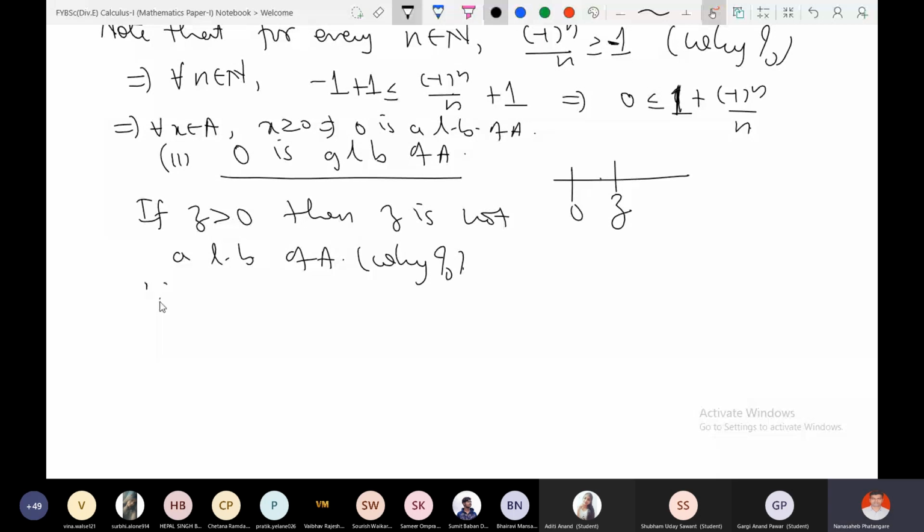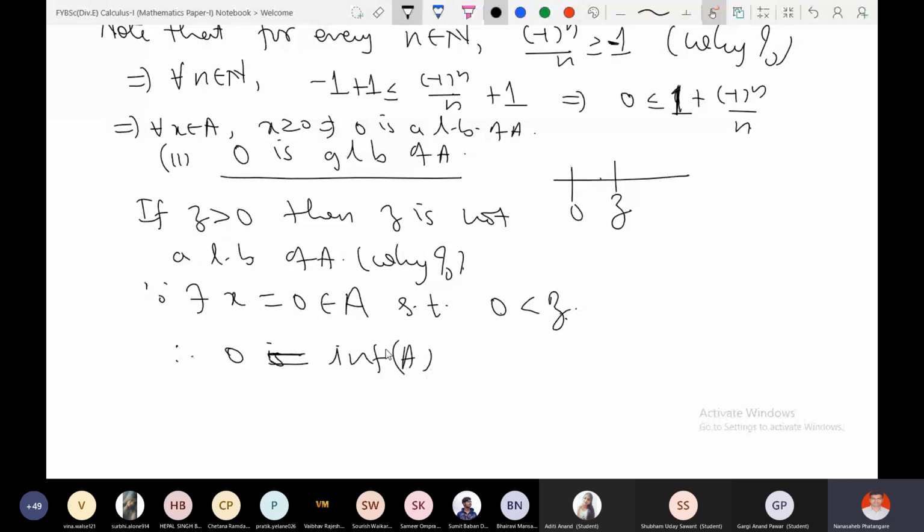Because there exists an x, which is 0 itself, a member of the set. Is 0 a member of this set? Yes. Right. Therefore, z is not a lower bound because there is a member of the set, 0 itself, which is less than z. Therefore, 0 is the greatest lower bound, the infimum of A.